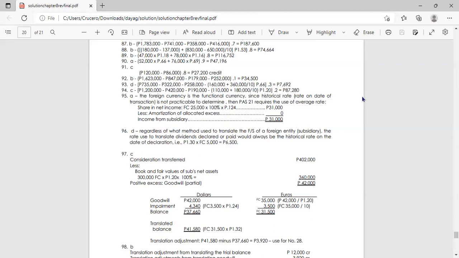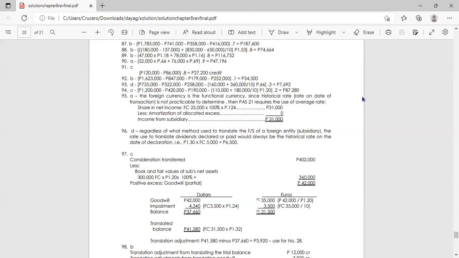So for number 94, we have letter C as 1.2 million minus 420,000 minus 190,000, and we deduct 110,000 plus 180,000 divided by 10, and we multiply the whole thing by 1.2 and 20% for the non-controlling interest since the ownership is 80%.